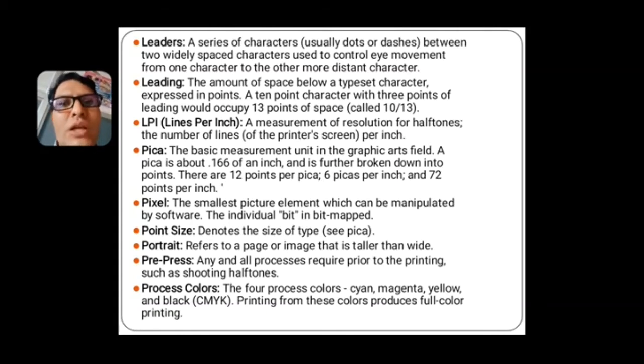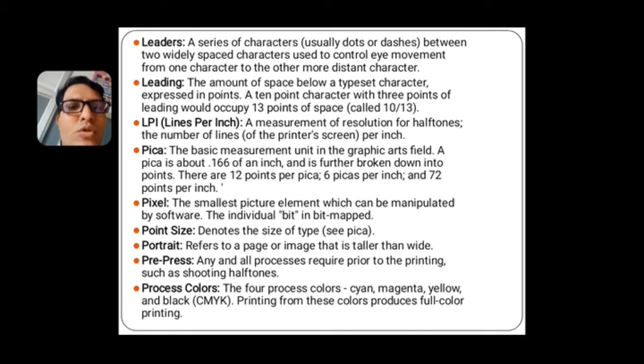Such as shooting of tones. Shooting of tone means whenever we pour the ink on the drums of the plate, automatically what will it print? It will print the half tone on the images, right? So it is possible because of this printing press. So it is pre-press.